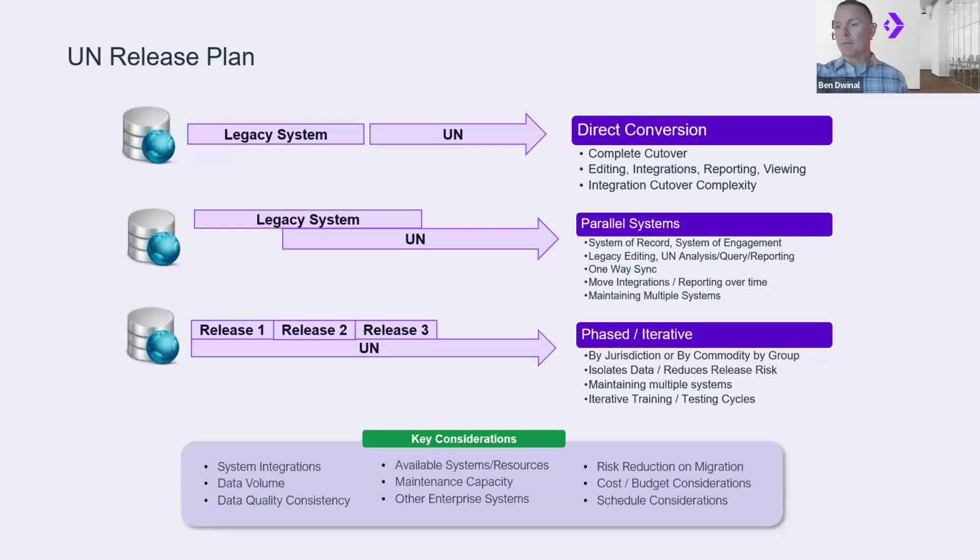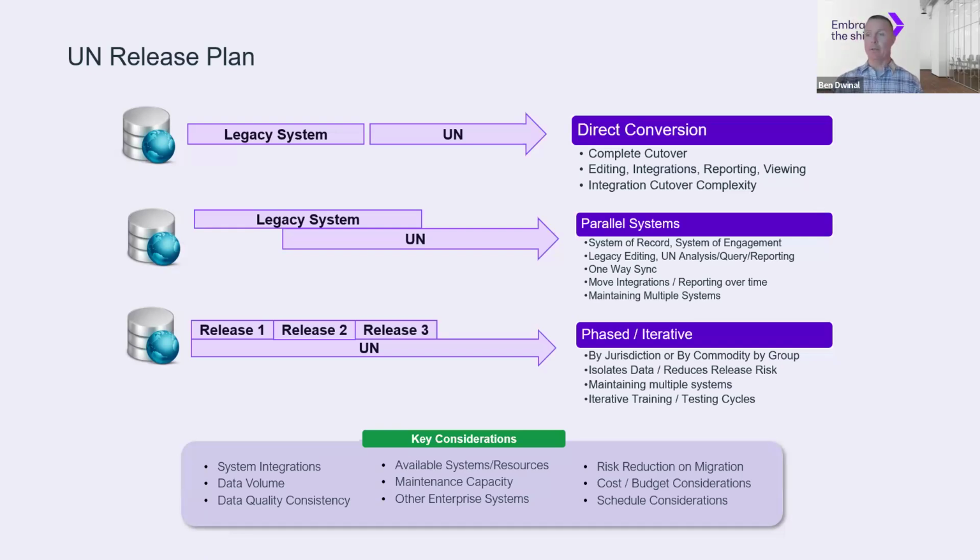Great. So another key activity, which again takes us a little bit away from data, but is very critical to understand and have a good strategy for early on in your project, is looking at what's your release strategy.